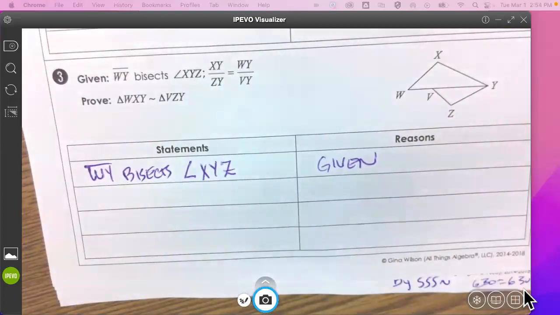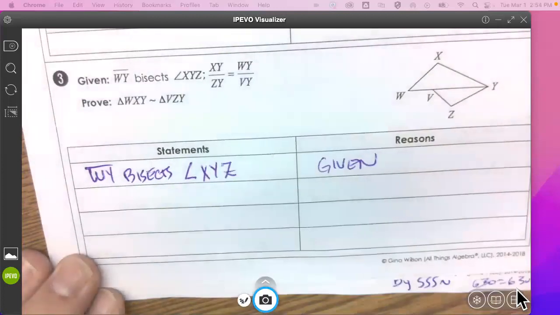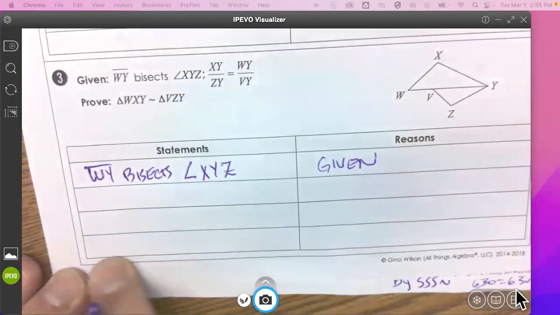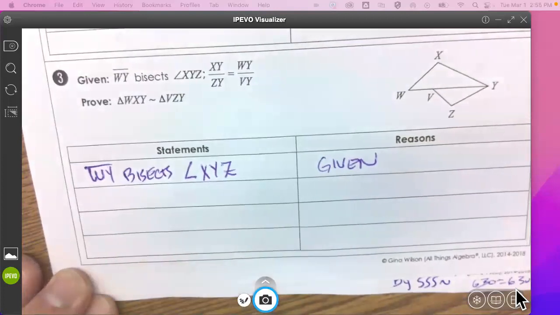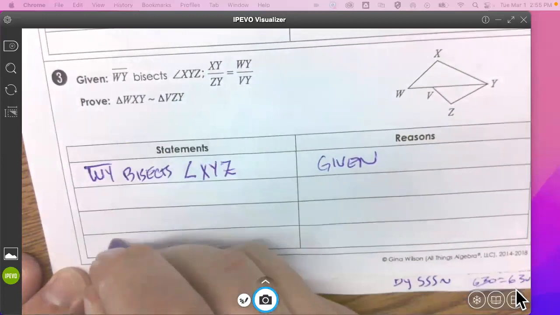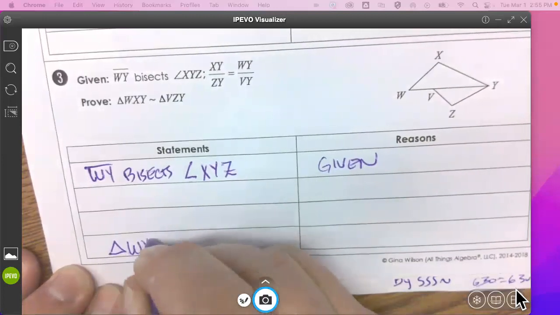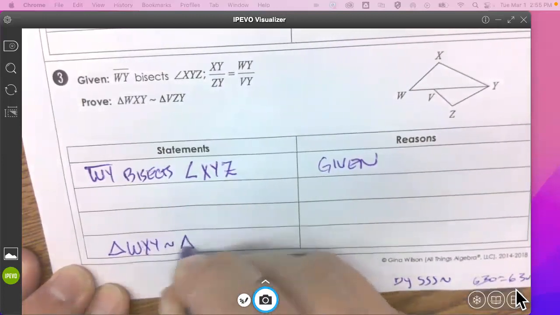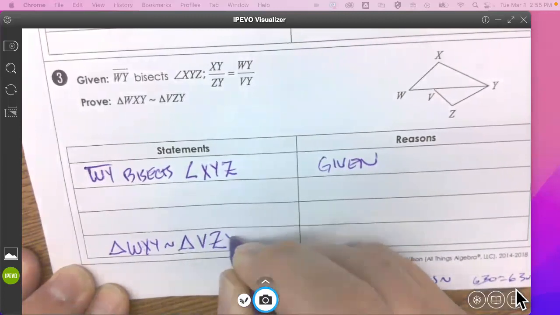Anything else I can put in here? I got another given, right? But let's hold on that. What can I put in this bottom line? Where do we know we're headed? Triangle WXY is similar to triangle VZY.